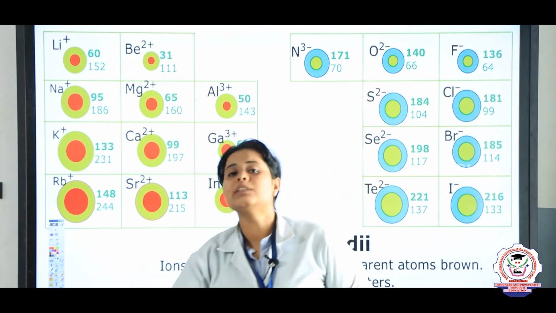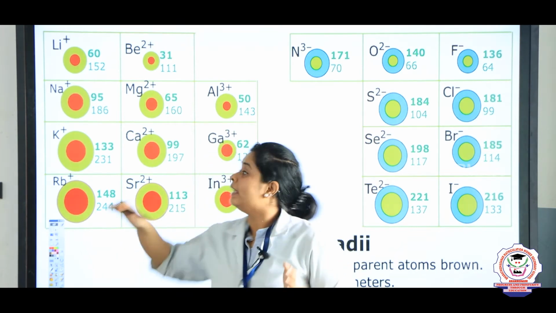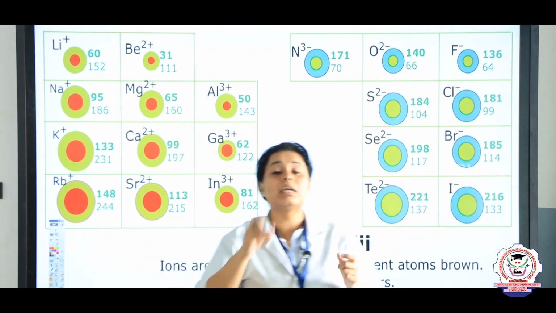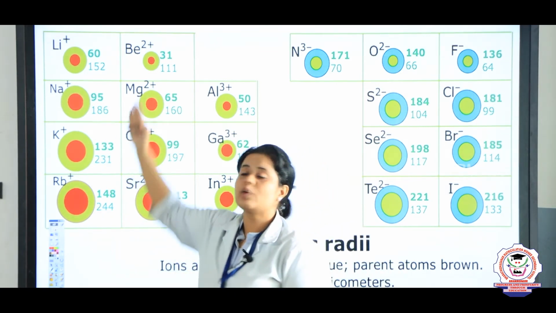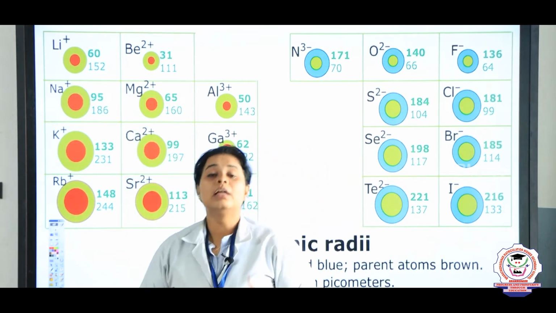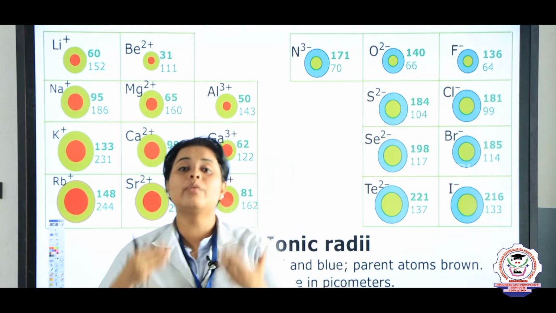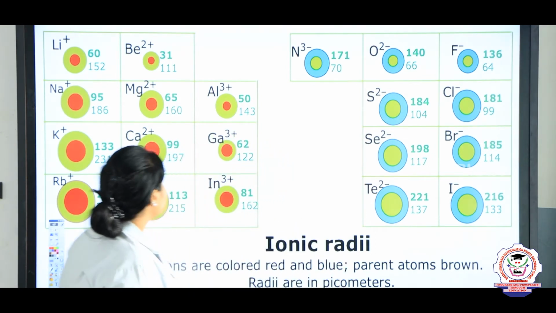So if 1 shell is removed, later on you will see that from top to bottom again the atomic and ionic radius increases.